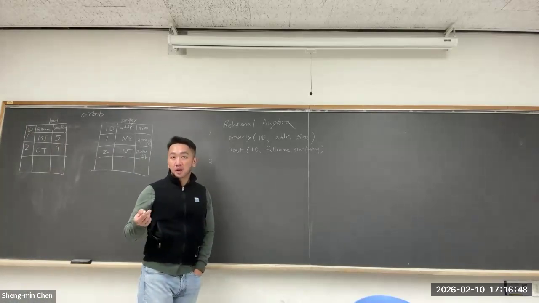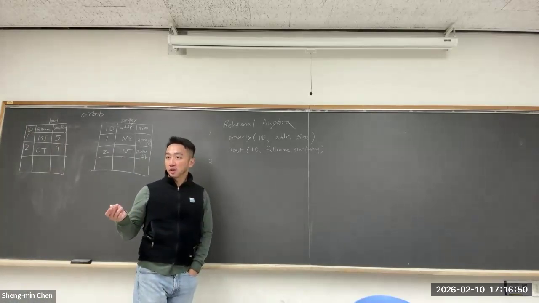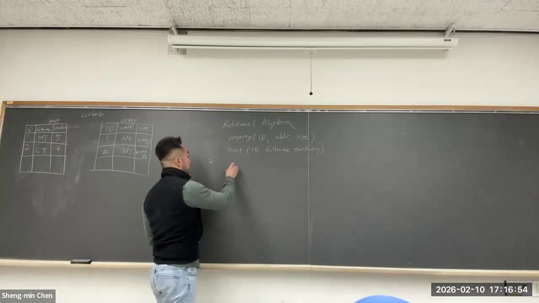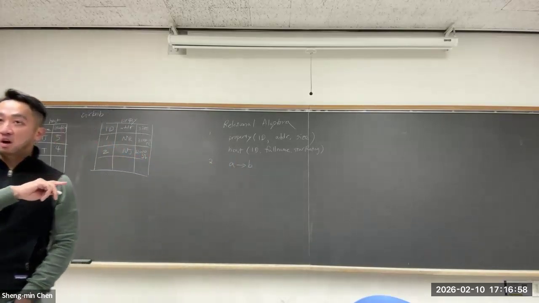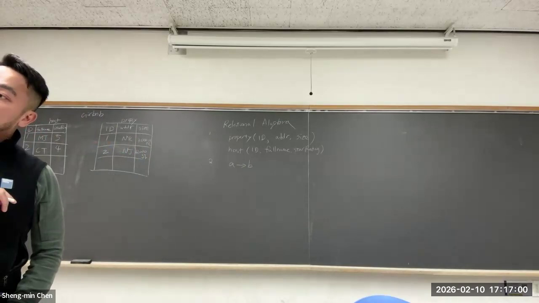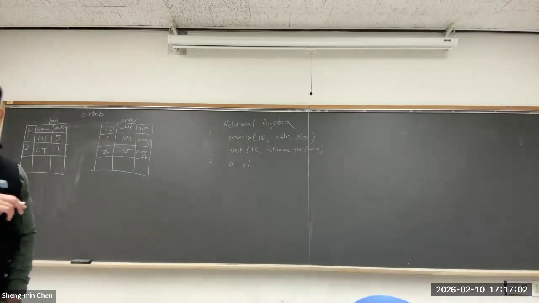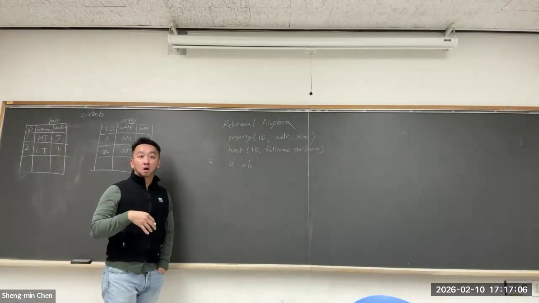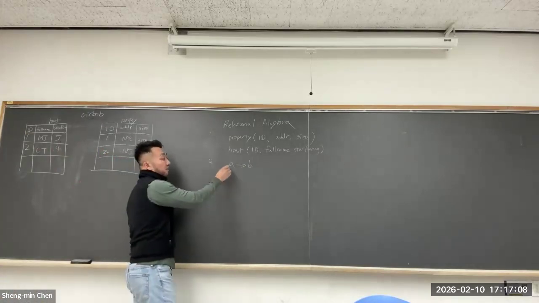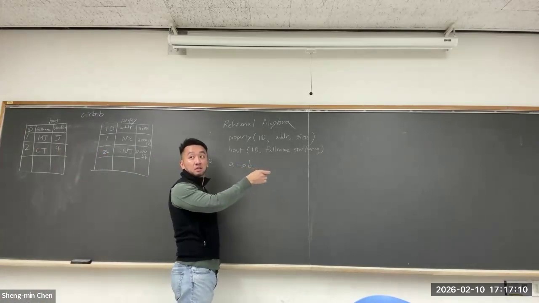In algebra, in mathematics, we learn about logic, right? We learn about equations or logic. So what does this mean? Can anybody tell me? Yes. A implies B. So A implies B, simply, that's correct. Or in other words, if A, then B.